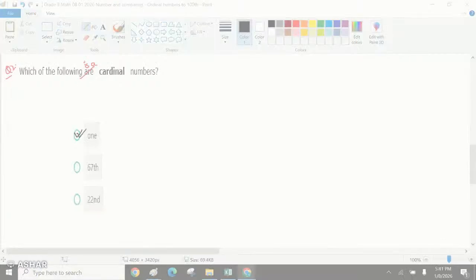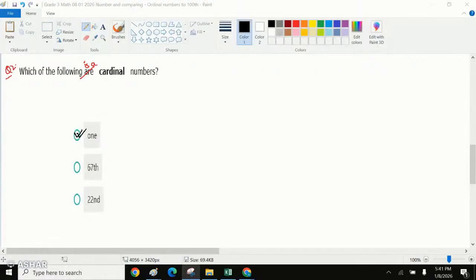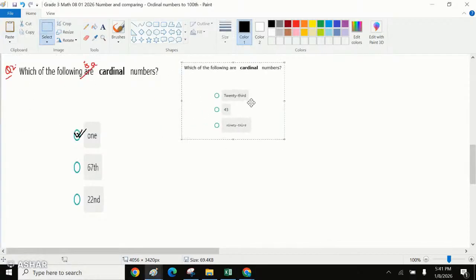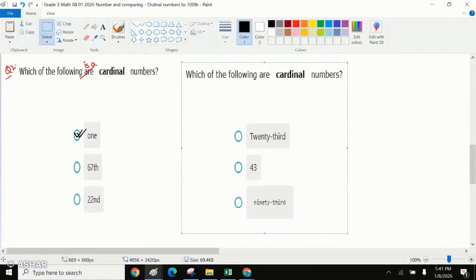Which of the following numbers are cardinal numbers? The next one is they're asking us which of the following numbers are cardinal numbers. Again, for question number 3, they're asking us which of the following are cardinal. So which should be cardinal in this case? It should not end with RD, right?